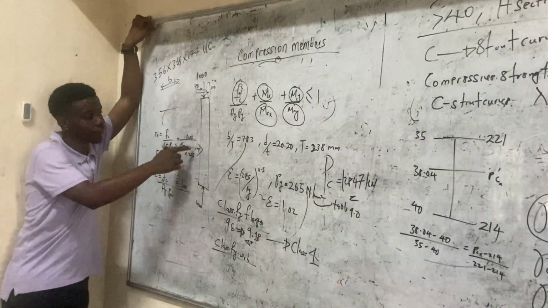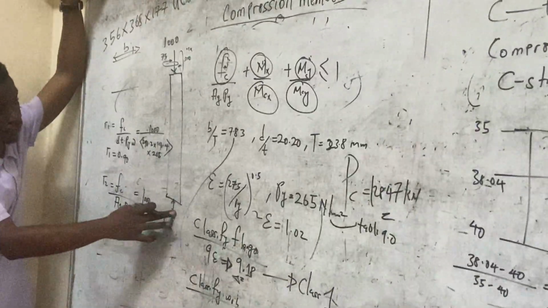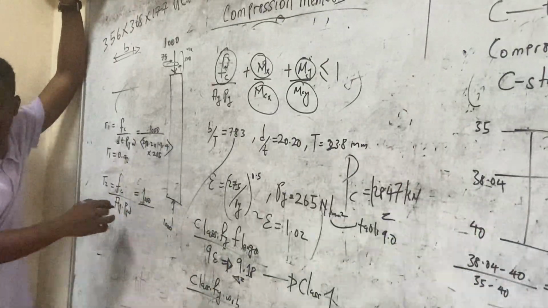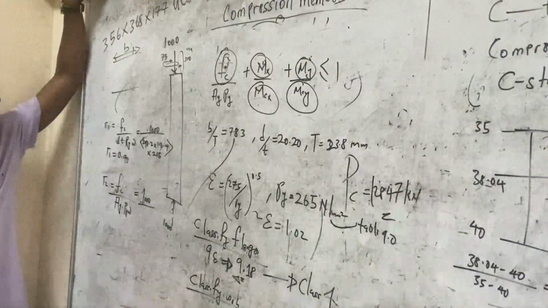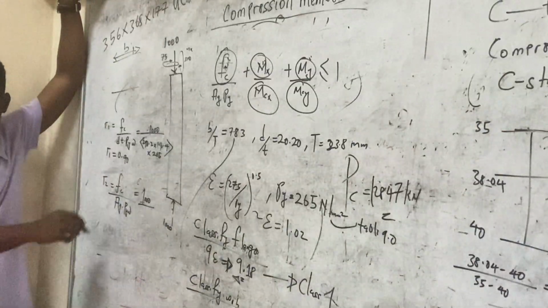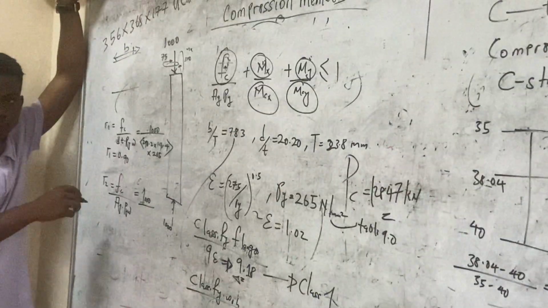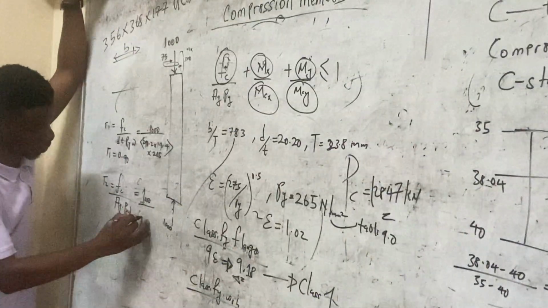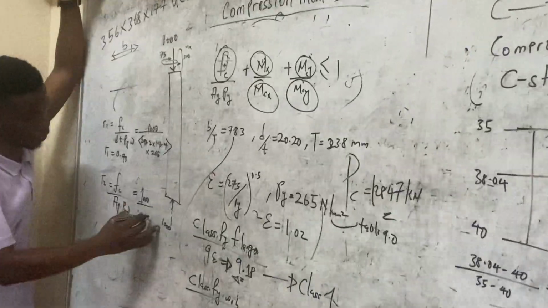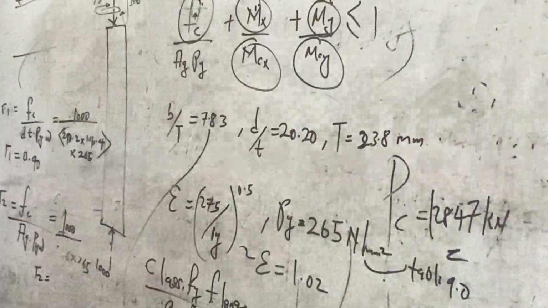40.4 or 14? Is this 0.9? So what is P? What is AG? What is AG? Do you understand? We're just filling it with dimensions. What is AG? PYW. So what is R2?